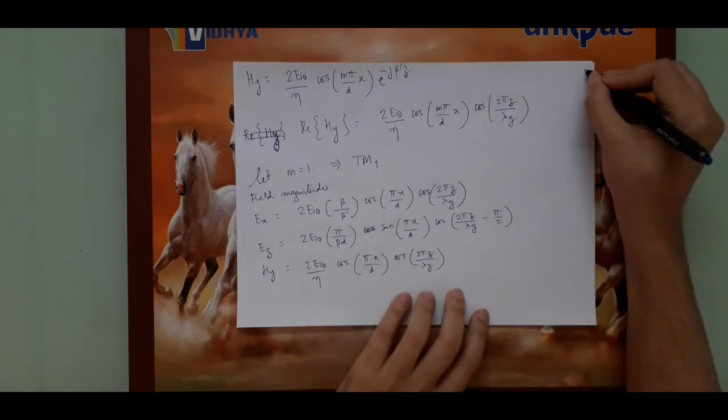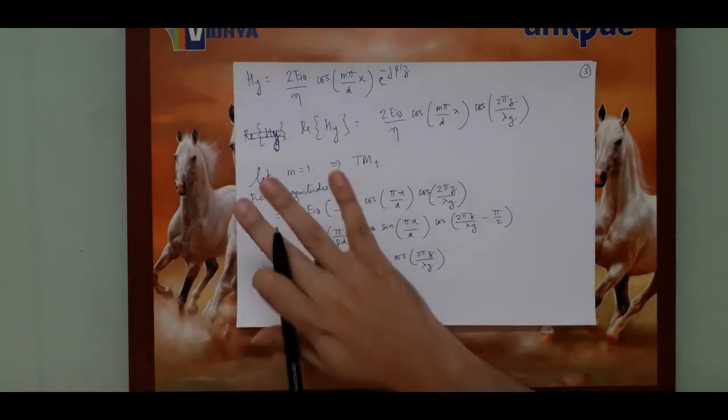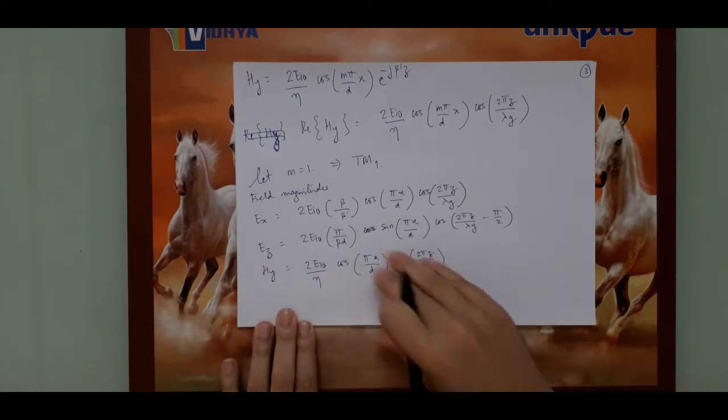So let us try to now visualize what the fields will look like. So which field shall we start with? We have three fields, or rather 2 electric fields and 1 magnetic field component. So to make matters easy, let us start with the magnetic field component, because there is just one component of it.